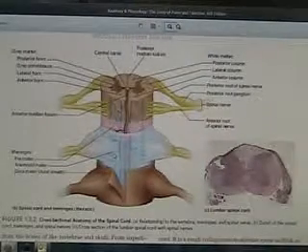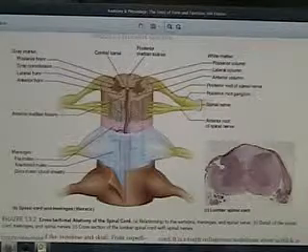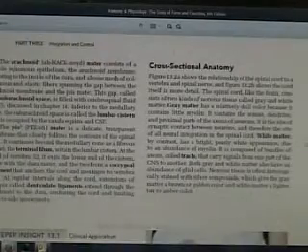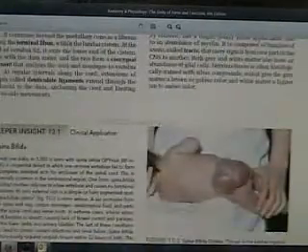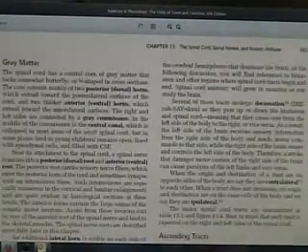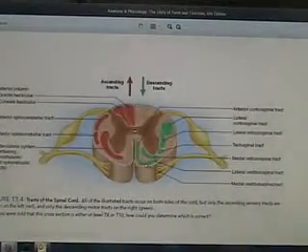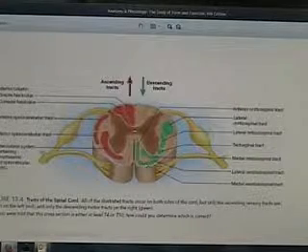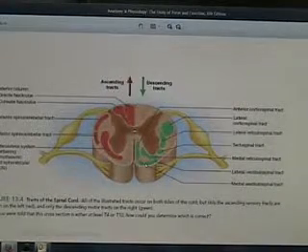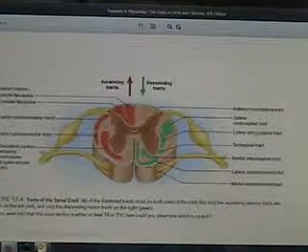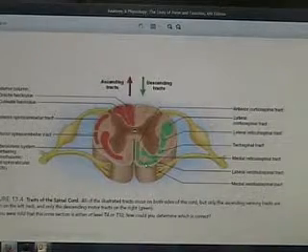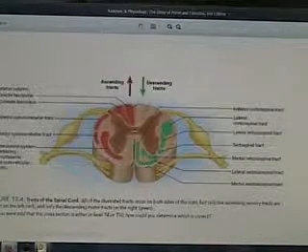Now, let's talk about tracts. T-R-A-C-T-S. We're not looking at pathology. Let's look at tracts. There are certain parts of the spinal cord that go up and certain parts of the spinal cord that go down. Now, it happens on both sides.